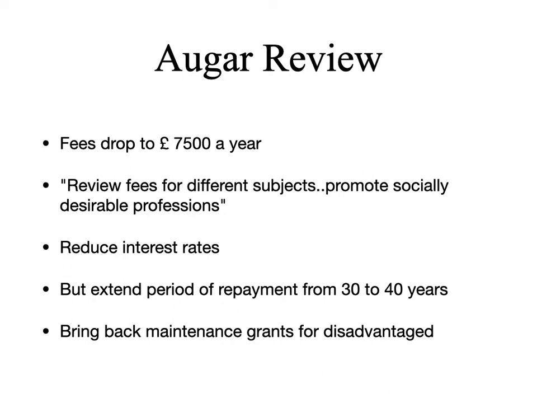They did, however, suggest bringing back maintenance grants for the disadvantaged. So the Augar review set out, in some ways, quite a different view from where we are: lower overall fees, more encouragement for having fees differentiated across different subjects, some lower interest rates, but paying back the debt over a longer period.